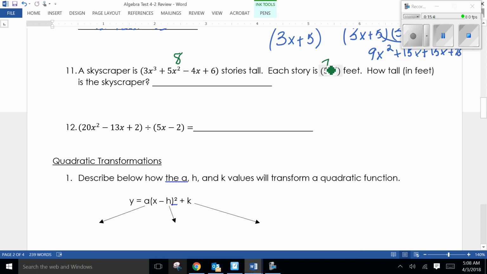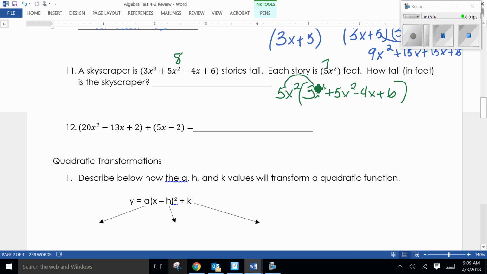Well, I would know when I read it this way that I would just multiply. So that's what I'm going to do with my polynomials. So I have 3x to the third plus 5x squared minus 4x plus 6 times 5x squared. Okay, so I'm going to distribute my 5x squared.